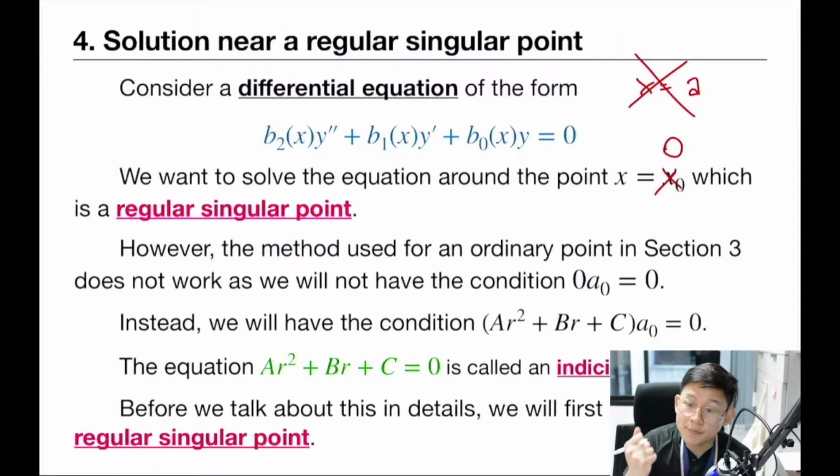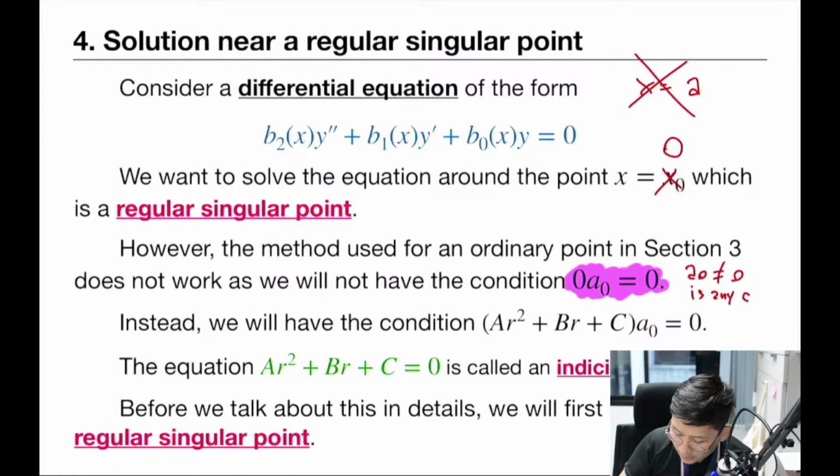Because if you remember from the previous two videos, when we write down the conditions, at some point we need to let the coefficients be 0, and we would receive one condition, 0·a0 equals 0, and that means a0 is any constant.